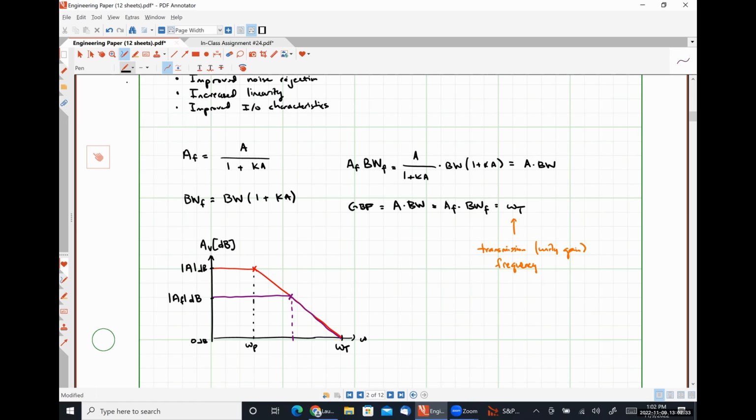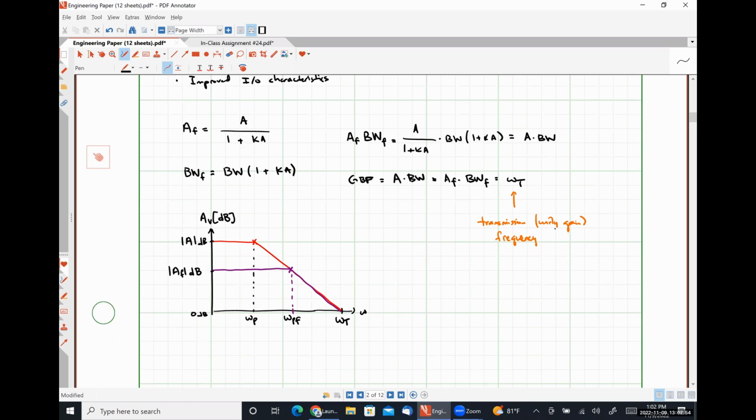So this is our new omega p with feedback. And we can see then that our bandwidth has been extended. You guys have hopefully seen these curves numerous times looking at data sheets for op amps and all of that kind of good stuff. Now let's look at what happens with our phase.